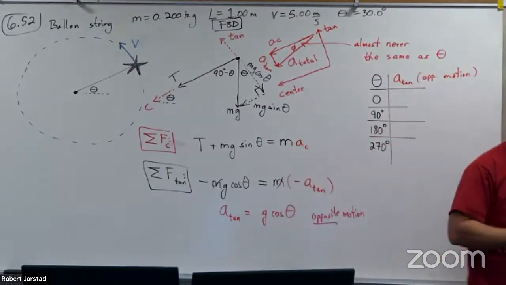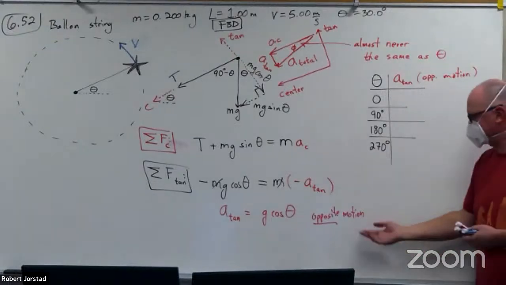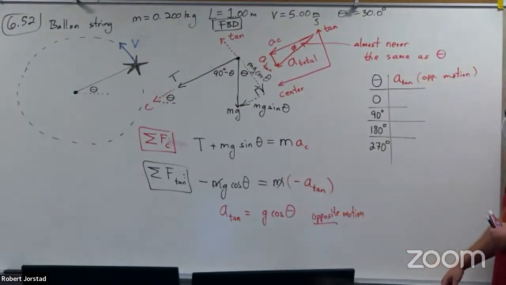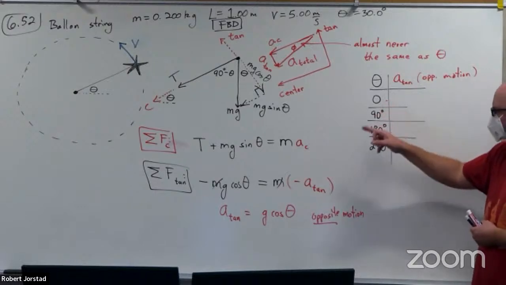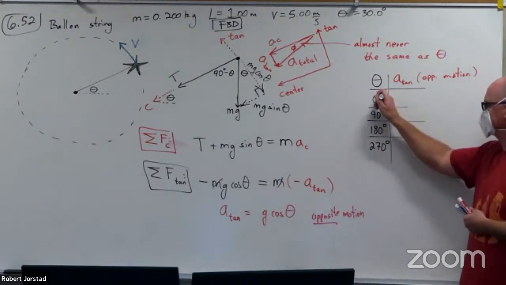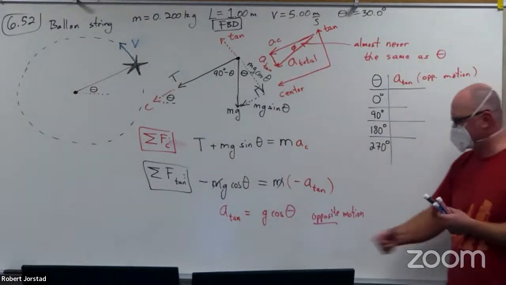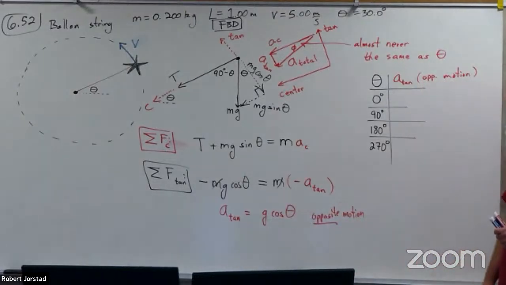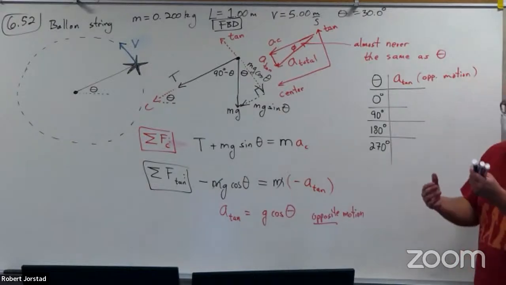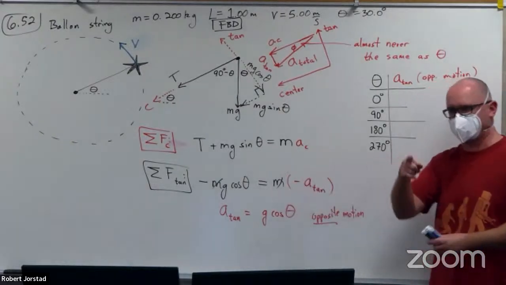Okay, help me out. If we just plug in different angles into here, when you plug in 0 degrees, what is cosine of 0? Oh, 1, so yeah, A tan is g. Is that what you meant? Yes.